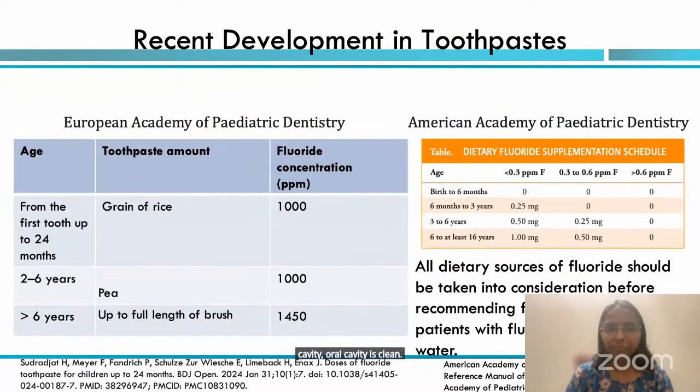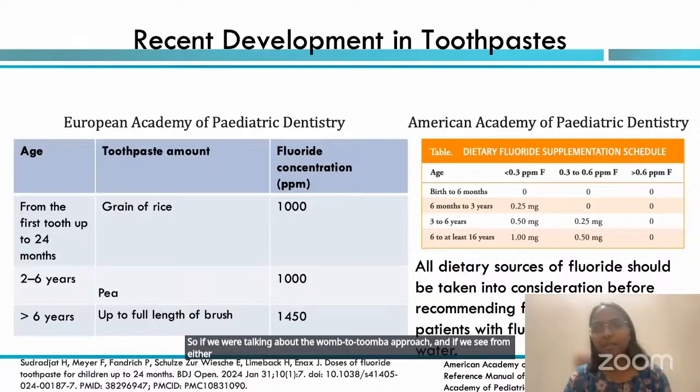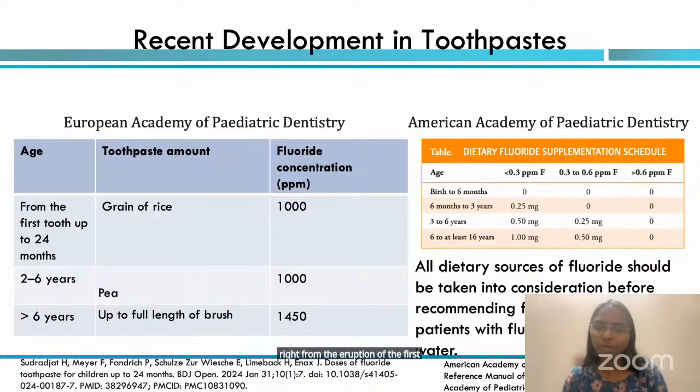If we are talking about the womb to tomb approach, and if we look at either the European Academy or the American Academy of Pediatric Dentists, all of them suggest that right from the eruption of the first tooth into the oral cavity, the child should be given a toothbrush and toothpaste, and the parents should assist the child in cleaning their oral cavity.